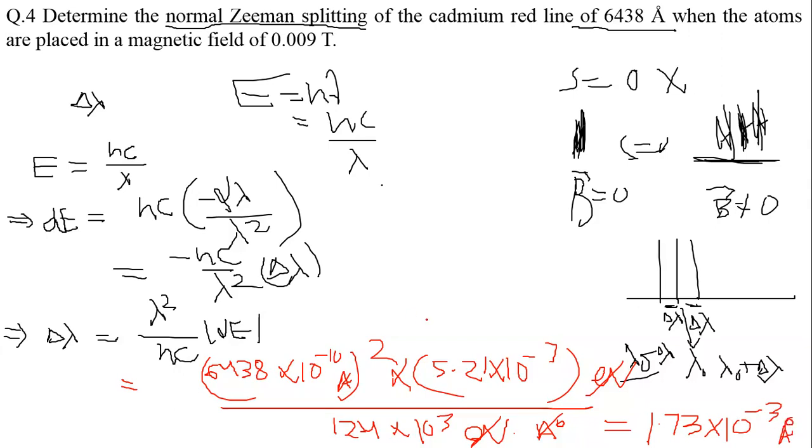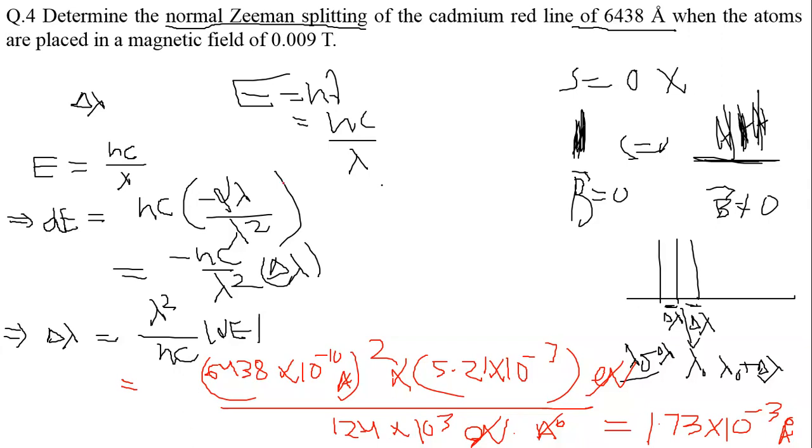So what we found is, for a cadmium red line, if there were only a single line of wavelength 6438 Angstrom, and we keep it in an external magnetic field of strength 0.009 Tesla, then due to the effect of normal Zeeman splitting, the splitting will be in three lines.